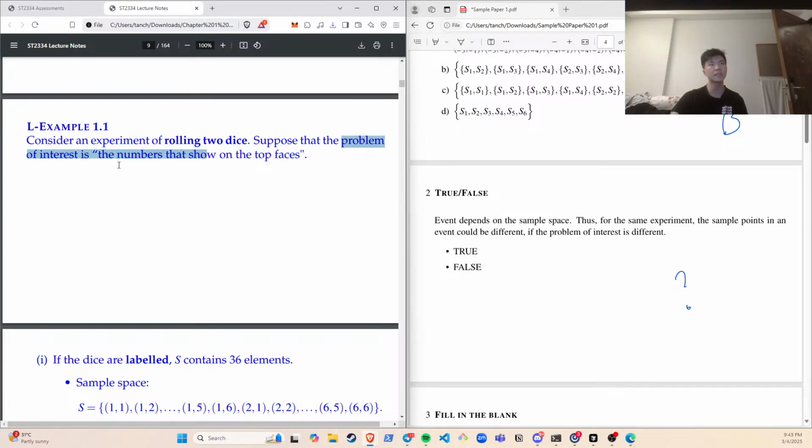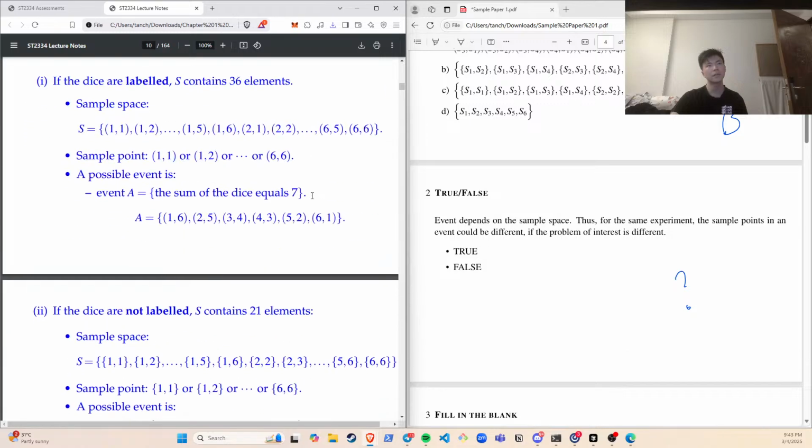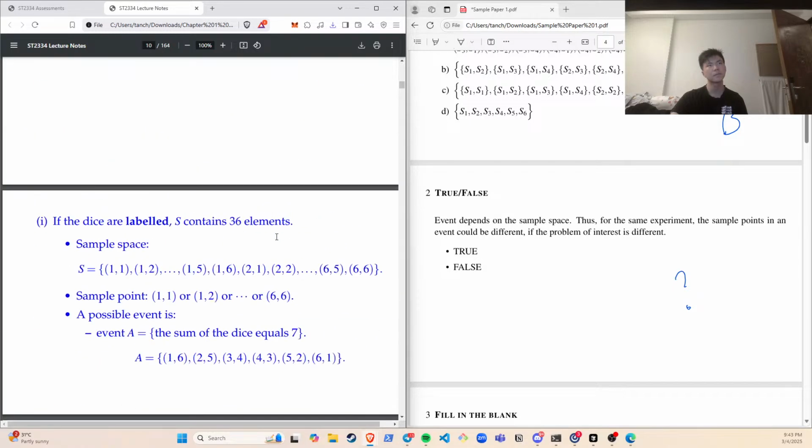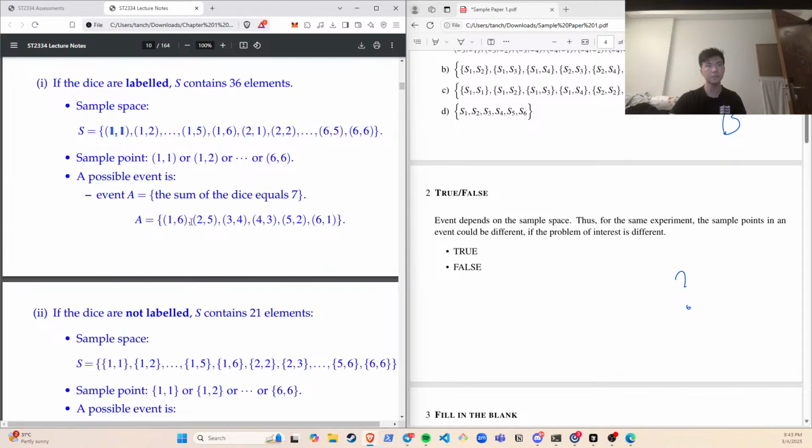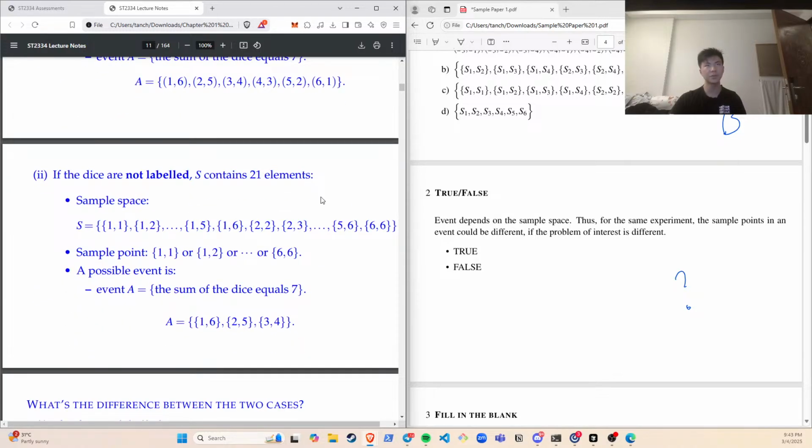Okay, so the problem of interest, if it's different, the number of numbers that show top faces. Okay, fair, fair. If the dice are labeled, then the order in which you see things matters, right? Because 2, 1 is different from 1, 2. But if it's not labeled, then it becomes 6 choose 2.